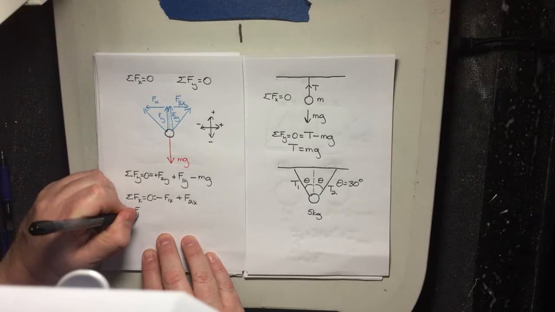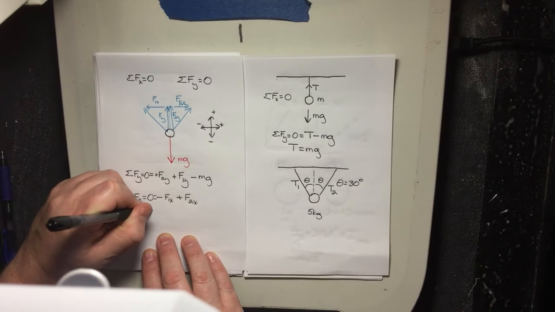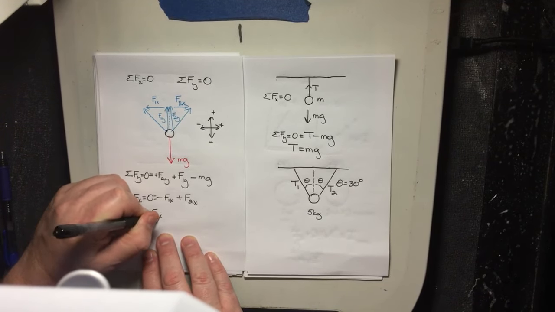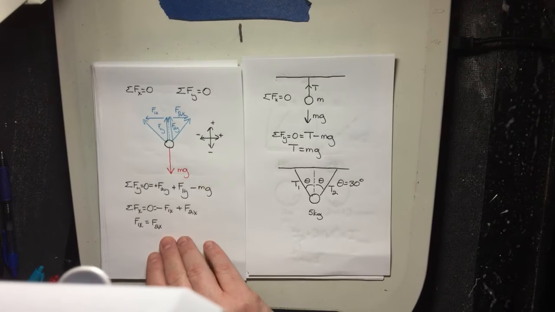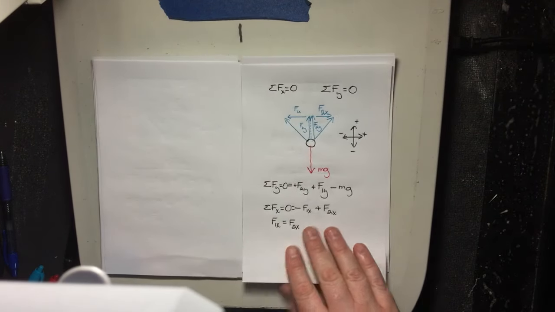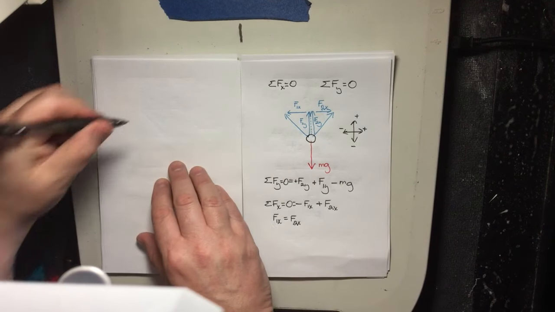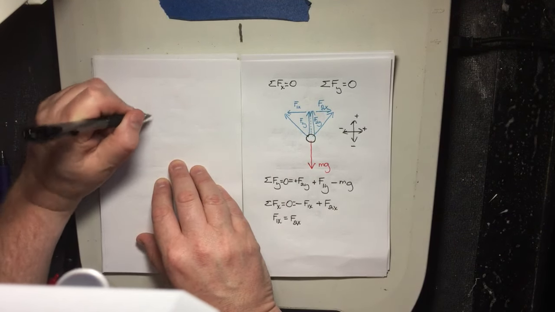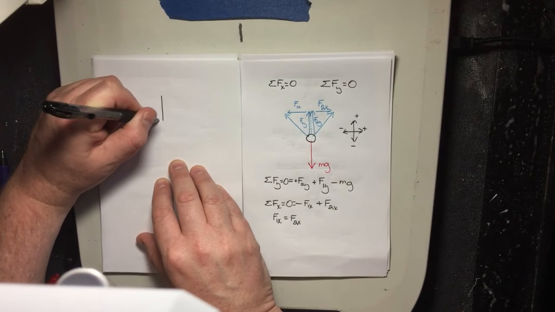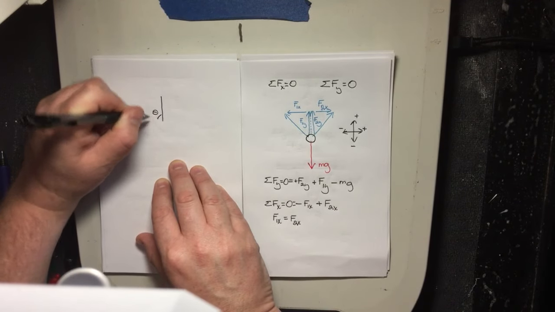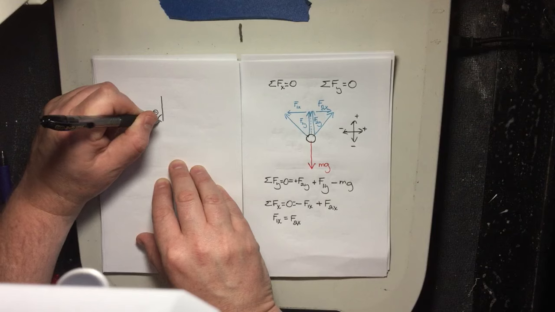So F1x is equal to F2x. Now let's take a look at the angles. I've kind of made it easy in the sense that the angles are the same.